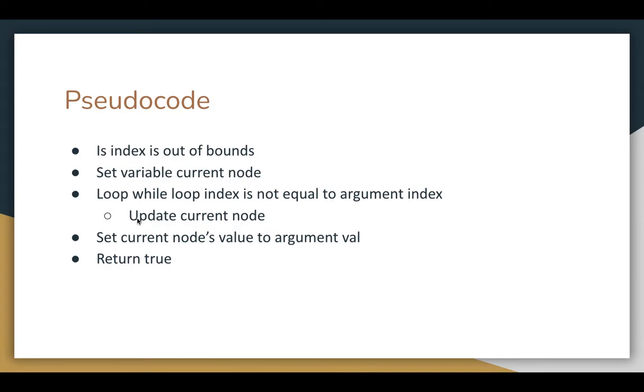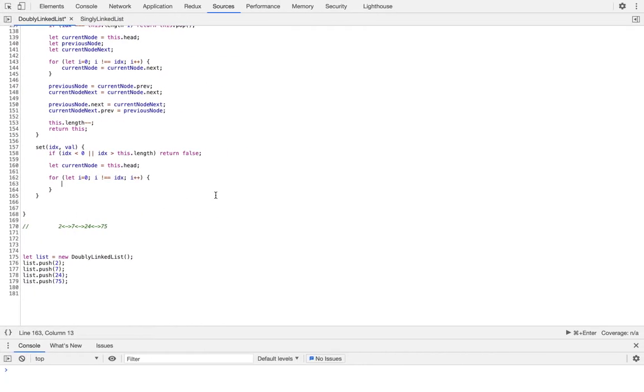As we enter this loop, we're going to update the current node. So current node now becomes the current node's next. At this point, the loop will finish once we arrive at the location of the list where we want to make the update.